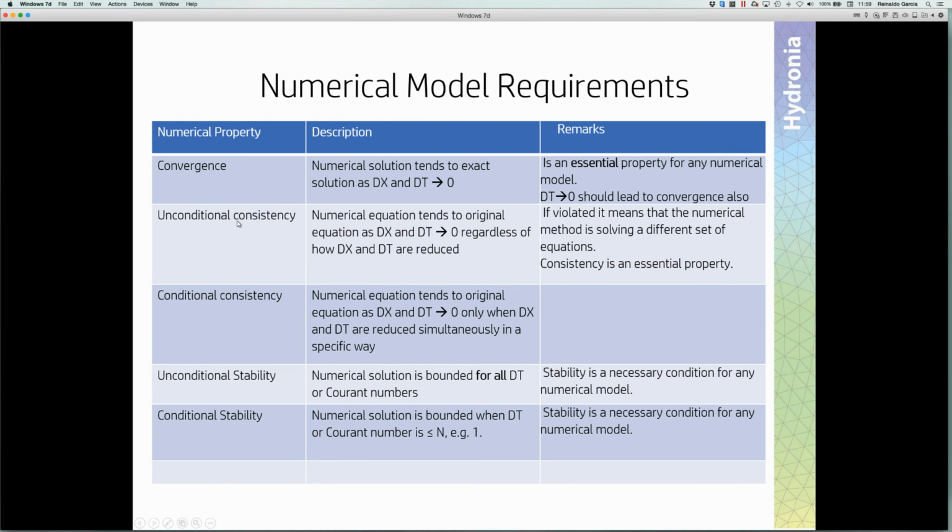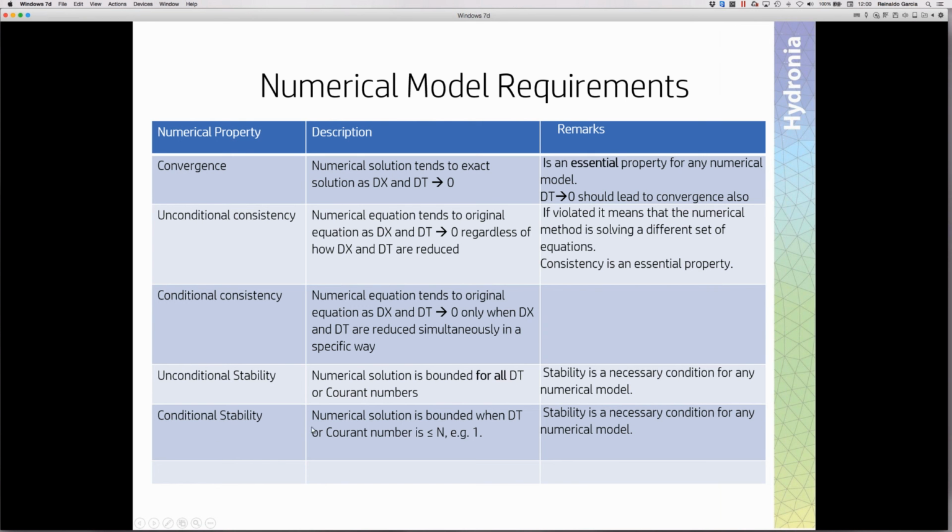Then you have some other concepts we have analyzed, like consistency, stability, and conditional stability. I'm not getting into the details of this, but I just want to point out that unconditional stability means that the numerical solution is bounded for all time steps or Courant numbers. Rarely can a model be unconditionally stable. Most models are conditionally stable.